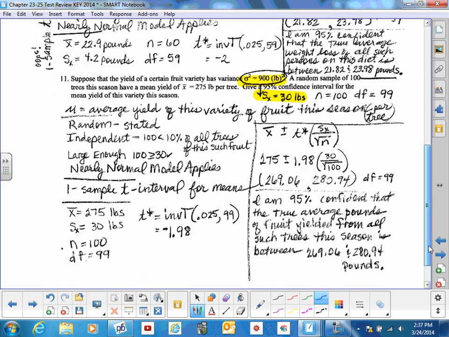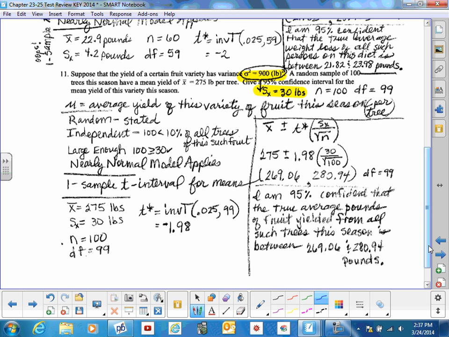Now, when you get down here to number 11, please notice that they gave you the variance. So that's the standard deviation squared. You had to take the square root of it to get the standard deviation of the sample. Now, I thought this problem was a little messed up in that I couldn't tell if it wanted me to do a z-curve or not.